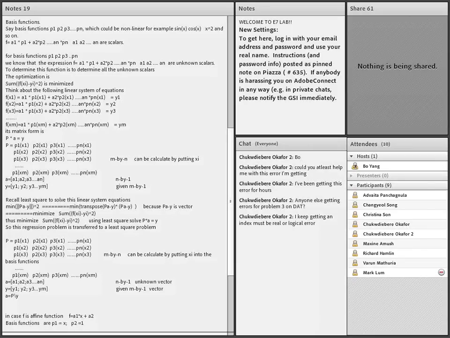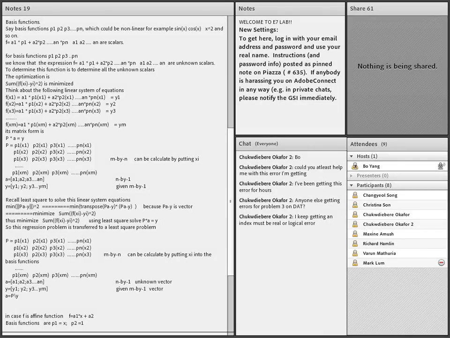To build this P array, we just put the training data x1, x2 to xm into the basis functions to get this P. It is an n by 2 array, and a is just an unknown vector, a1, a2. It is a 2 by 1 vector, and y is y1 to ym, the given training data.